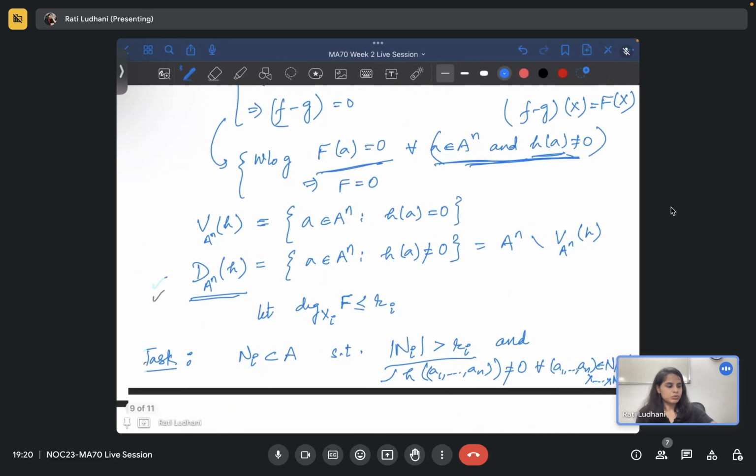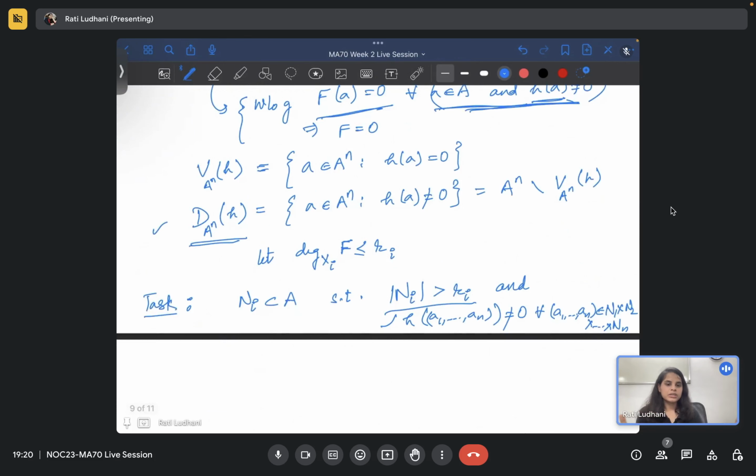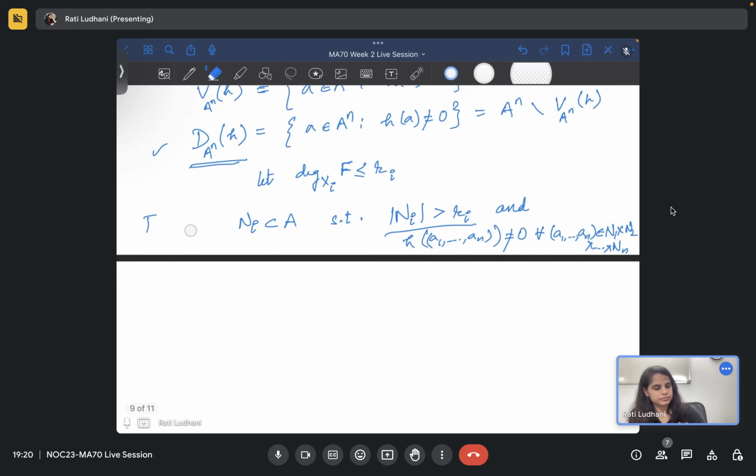So if we can prove h is non-zero on a big enough set, then we are done. So we will just prove that these n_i's are coming from this h, and h(a_1, ..., a_n) is not equal to 0 for all a_1 to a_n belonging to n_1 cross n_2 cross up to n_n. That means all the a_i's are in n_i. Okay, so this we need to show.